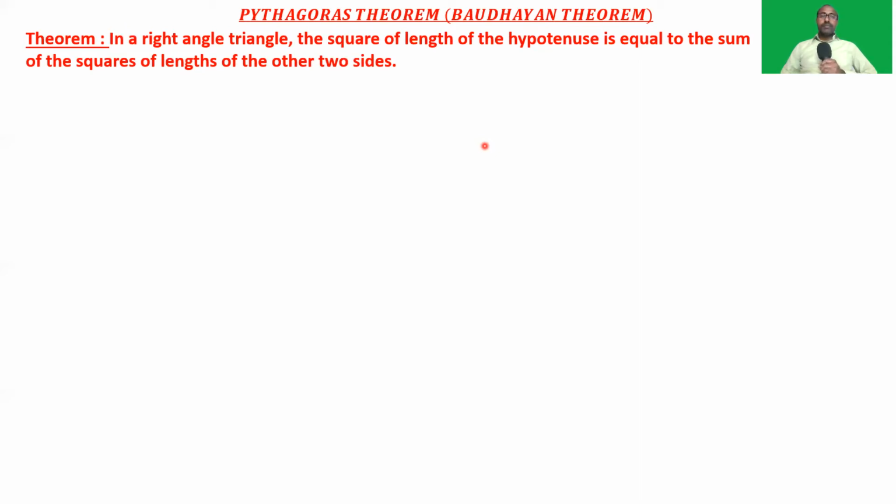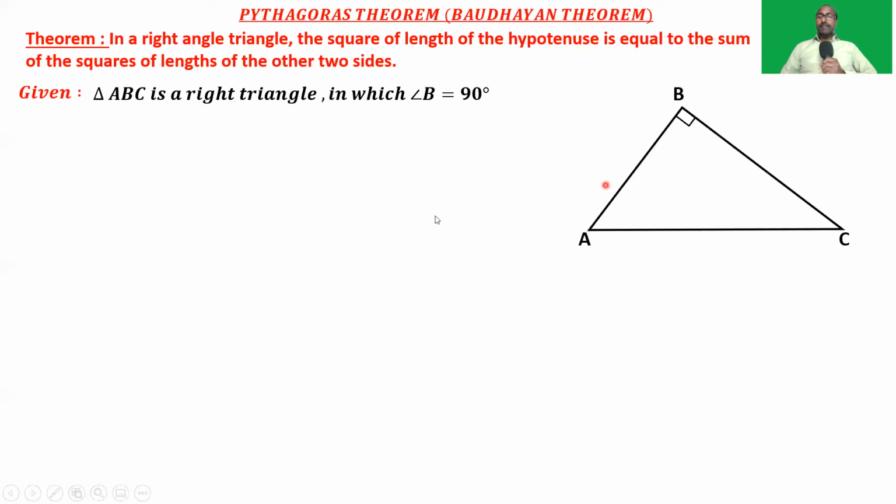So take a right angle triangle ABC in which angle B is equal to 90 degrees, like this. Now, the result to prove is AC square is equal to AB square plus BC square.